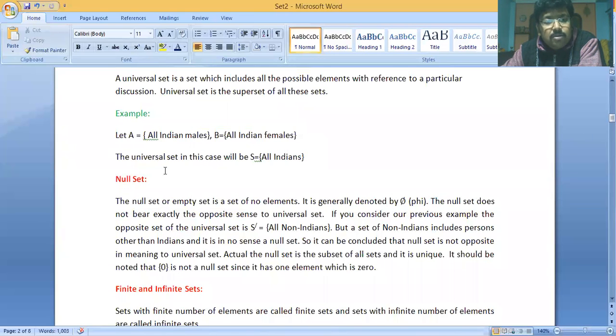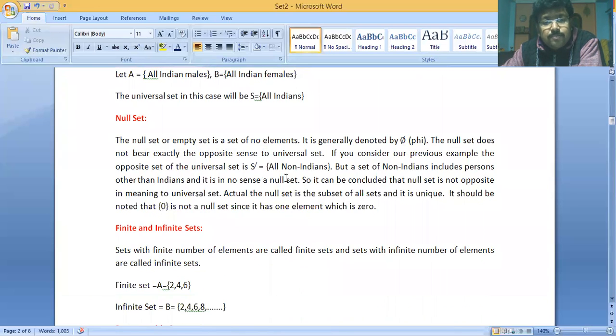In this example, the universal set is all Indians, and the opposite of the universal set is all non-Indians. So it does not mean no elements are there, but a set of non-Indians includes persons other than Indians, and it is in no sense a null set. So it can be concluded that the null set is not opposite in meaning to the universal set.